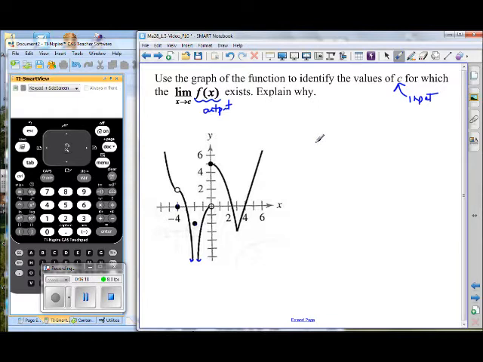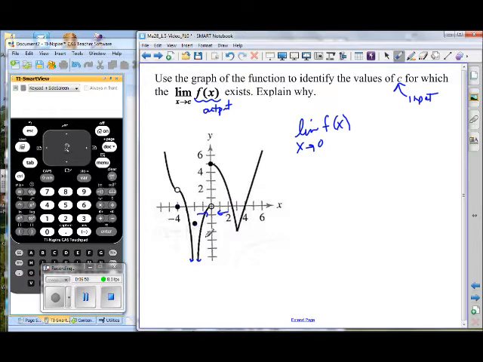Now let's take a moment here. Let's just consider some. Let's take a look. The limit as x approaches 0 of f of x. As we approach 0 from the greater than and from the less than side, do we say that the output values are going to the same place, or going to the same value?